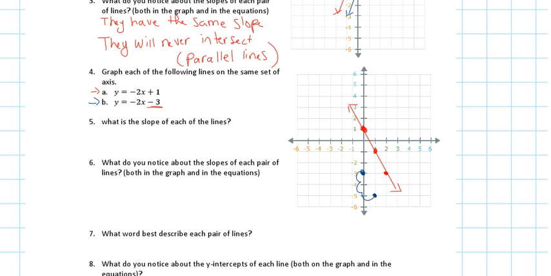So if I go up 2, which way should I go? That's right, I should go this way because otherwise it's going to affect my line. Okay? So I'm going to go up 2 over 1 to the left.